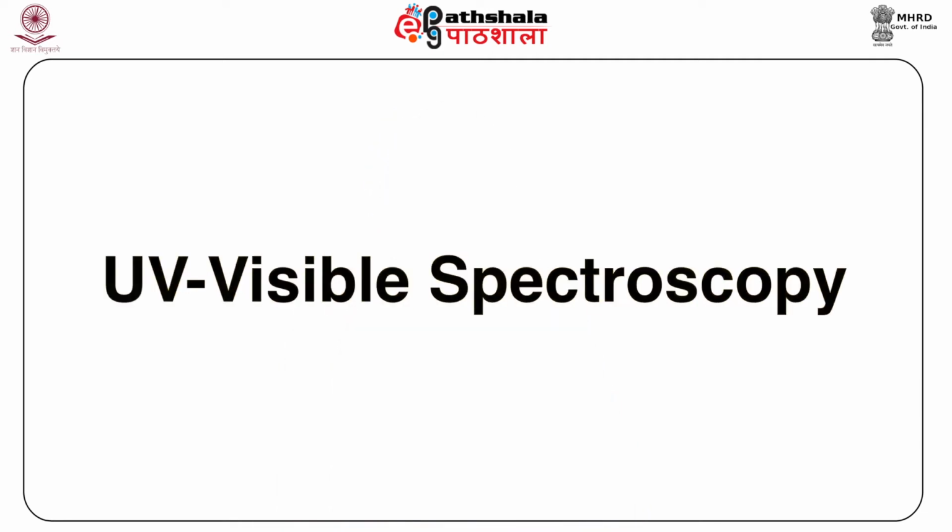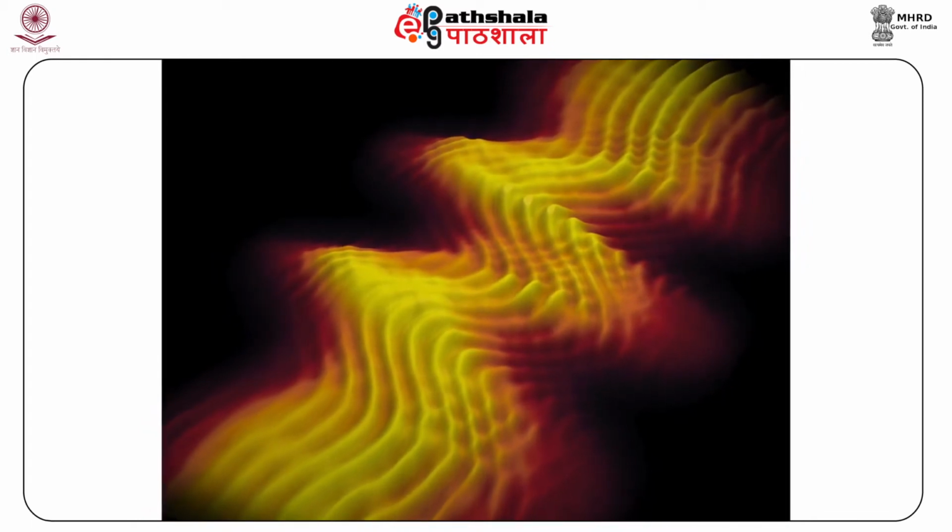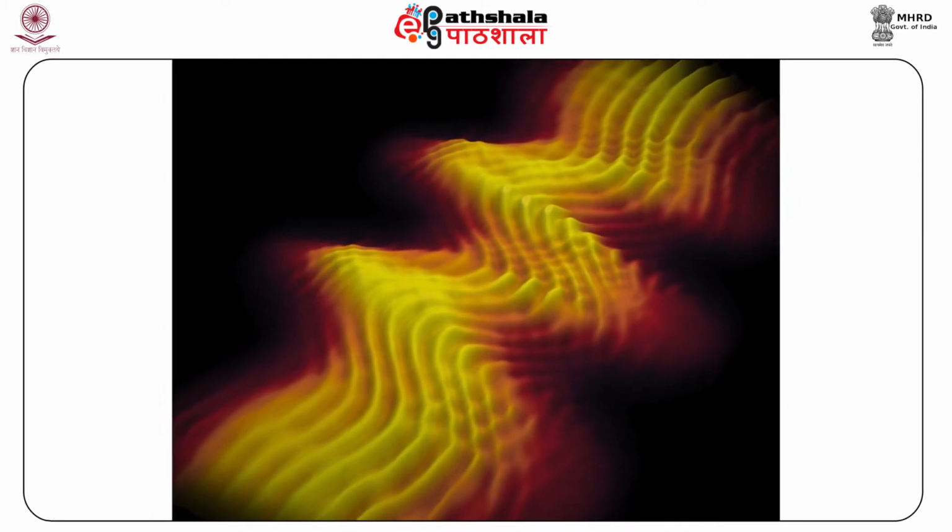UV visible spectroscopy. In this type, the spectrum consists of photon energies in the range of 36 to 72 kilocalories per mole in the visible region, and in case of near ultraviolet, this energy ranges up to 143 kilocalories per mole.